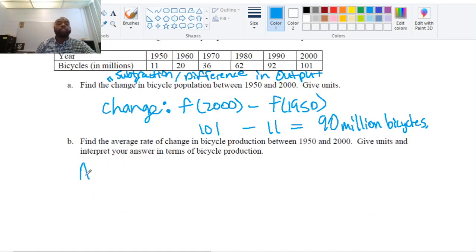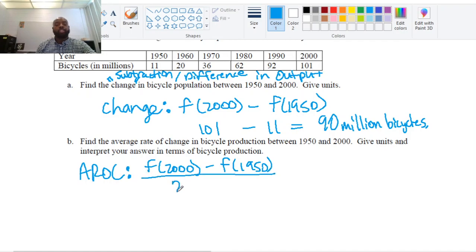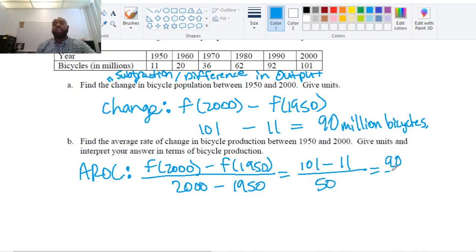Now we're going to do average rate of change. Well, that's F of B minus F of A, the change in your output, all over 2000 minus 1950. Now, F of 2000 is that 101. F of 1950 is 11. That's 90 over 50, which I believe is 1.4.